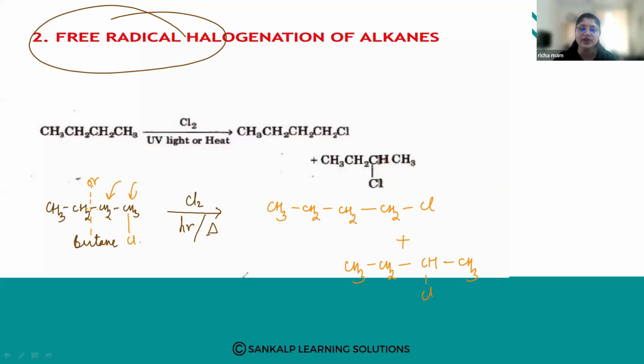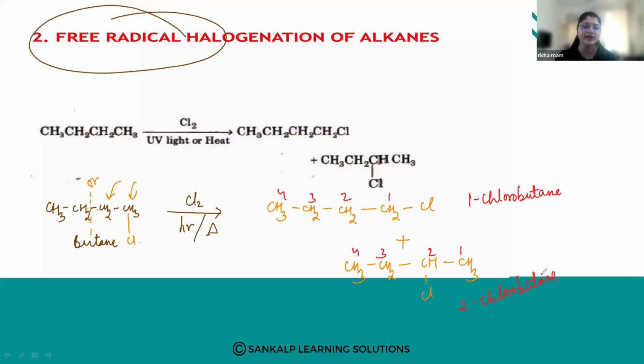What are the names now? Number them 1, 2, 3, 4 and 1, 2, 3, 4. Please name it. This is 1-chlorobutane, and this is 2-chlorobutane. Is it clear?